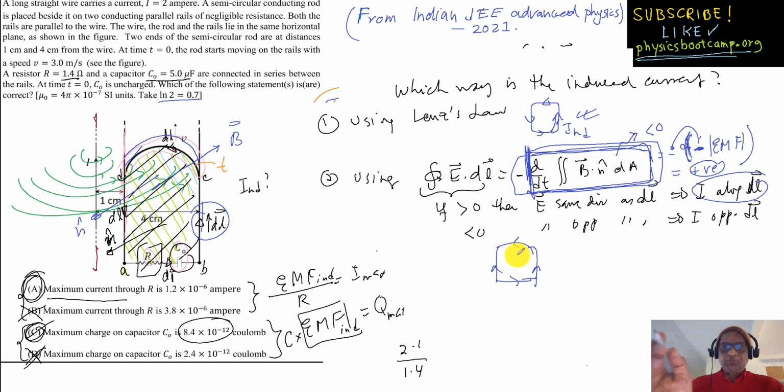Another thing that you should notice here is that the shape of this doesn't matter. It's semicircular here, but I could have done a completely random shape like that, and even in that shape, if you pull it up, you'll have the same kind of area.